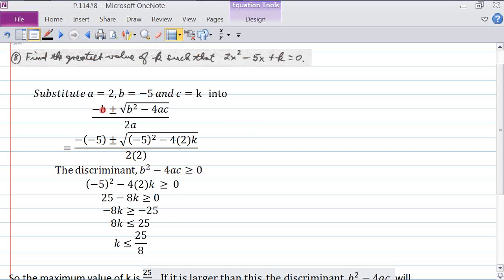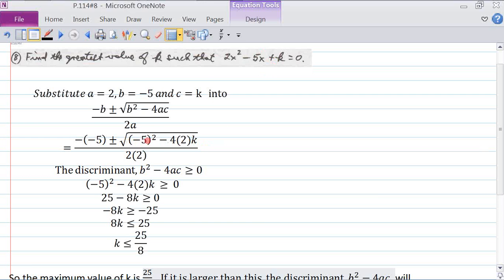But anyway, let's substitute a equals 2 here, b equals minus 5, and c equals k into this, and we get minus 5 plus minus 5 squared minus 4, a, which is 2, and c, which is k.